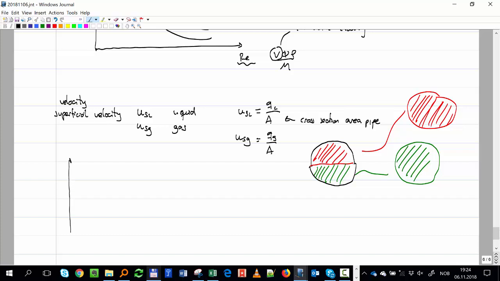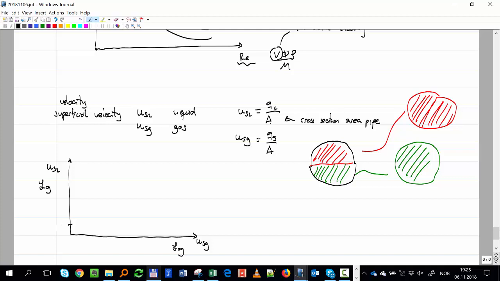So if you plot USG and USL, a plot just like what we did for the Reynolds, but now we have two variables, the two velocities on each axis, and we use log scale.